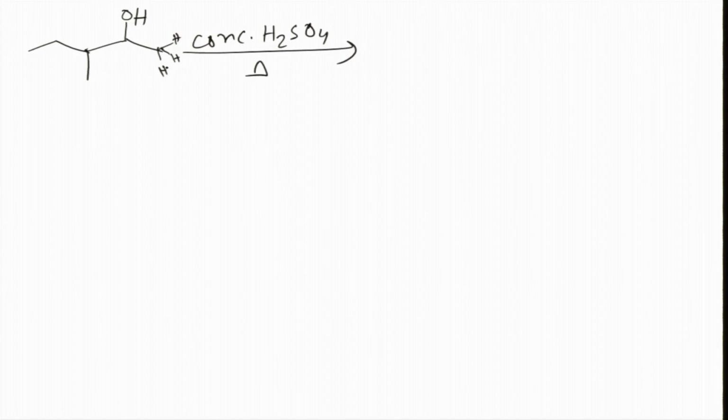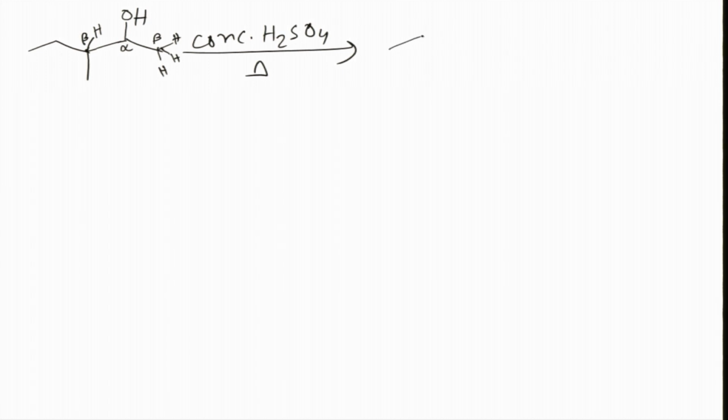This is 1,2 elimination, right? That is beta elimination. Why? Because this is the alcohol group. With respect to the alcohol group, this carbon is alpha and the carbon adjacent to this carbon will be beta. So, in this case, there are 2 beta carbons. One carbon is having 3 hydrogen and this carbon is having 1 hydrogen.